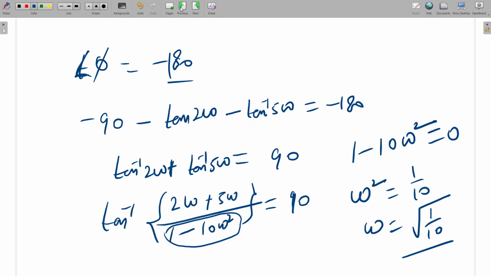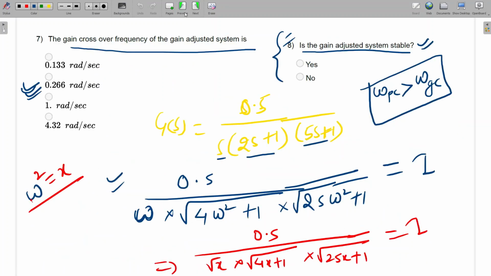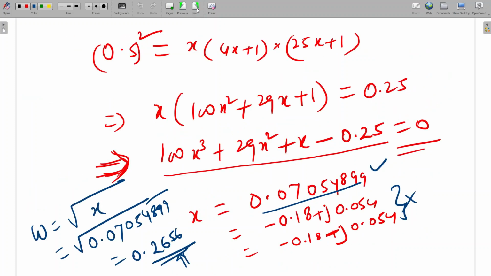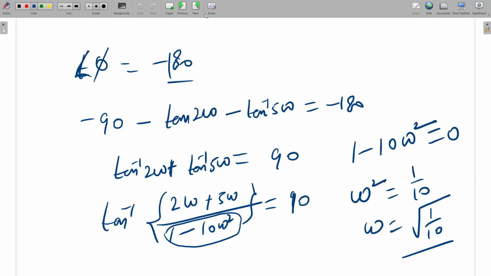So what you have told, this omega PC should be greater than omega GC. But omega GC how much we got? Omega GC is 0.2656. And what will be this value? 1 by under root 10, which is 0.316.